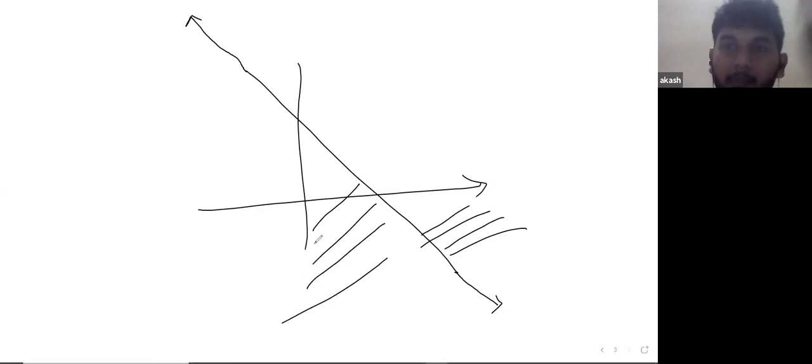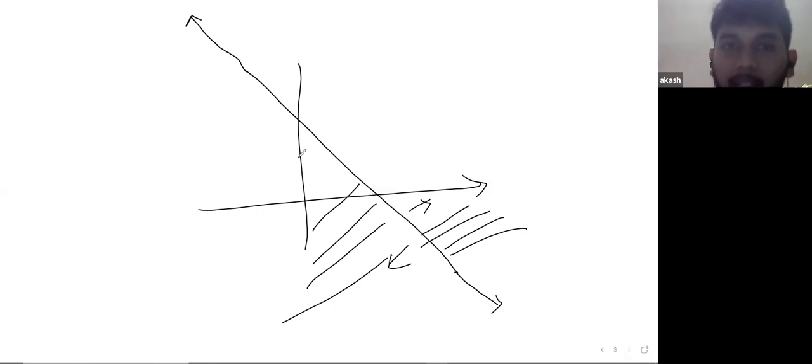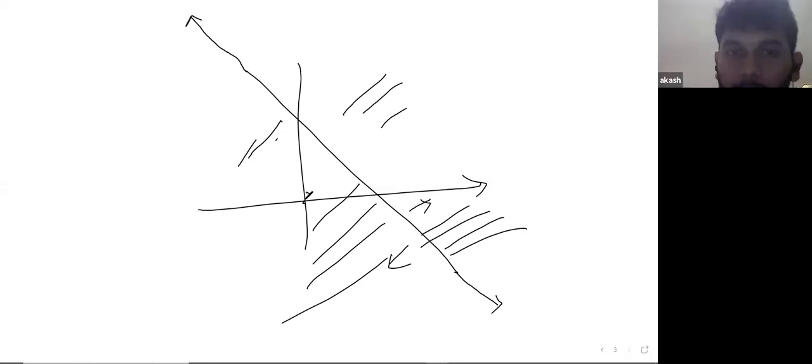Imagine this line as the border. This is one country and this is one country. Can we imagine like that? This is not a technical term, don't use it, but this is the downside, this is the upper side, right? Two parts. So the downside has 0 in it, right?